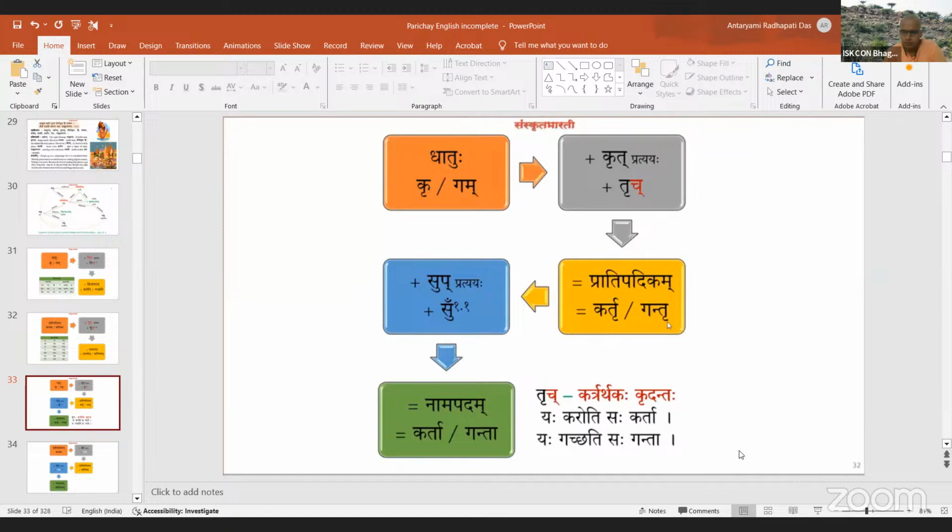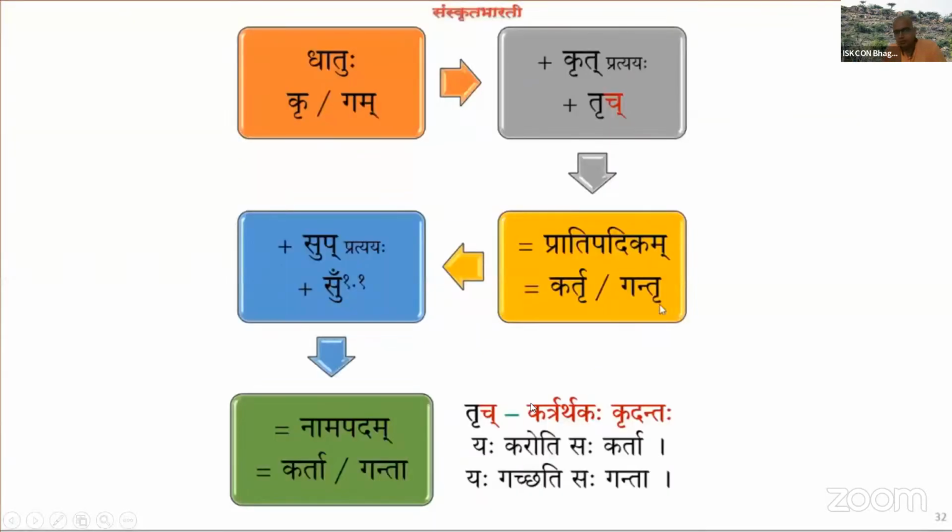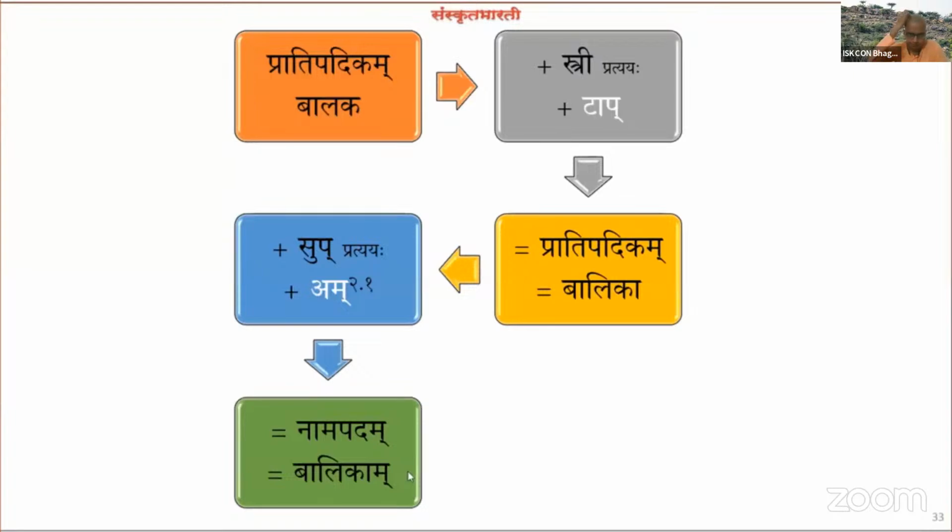The whole process is that you can see that when dhatu comes with krit pratyay, then pratipadikam with su pratyay, then nam padam comes like this. Similarly, pratipadikam balak when added with stri pratyay or tap pratyay, then it becomes balika.